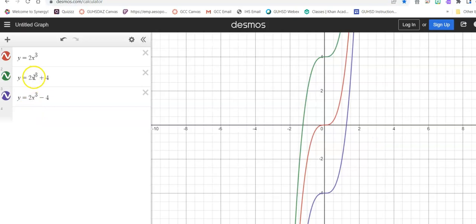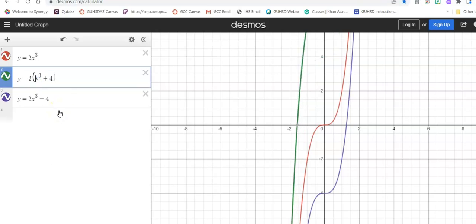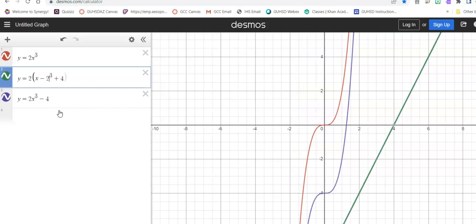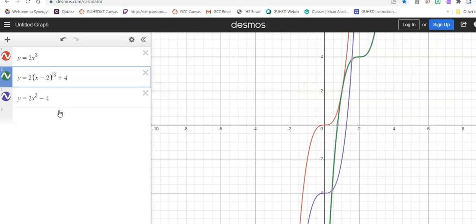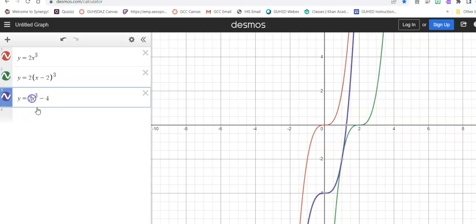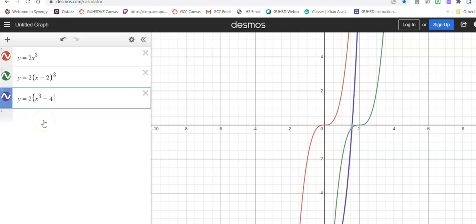Kind of cool. If we go in and add parentheses with a negative, that comes from our formula. Let's get rid of all of this, and we will talk about what we have done. So watch what happens to the purple graph. We're going to have an x, and let's do a plus.